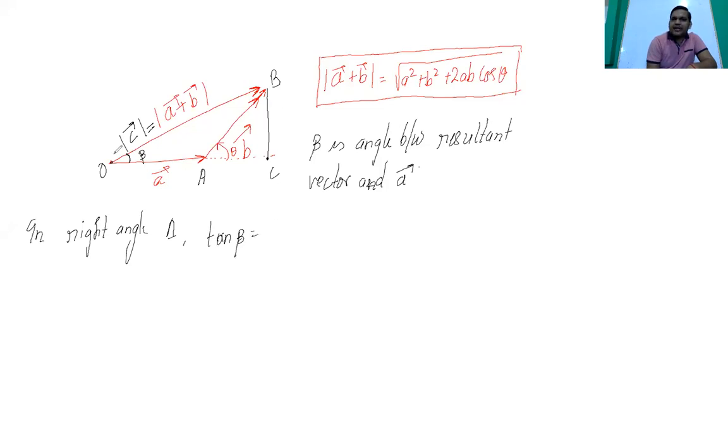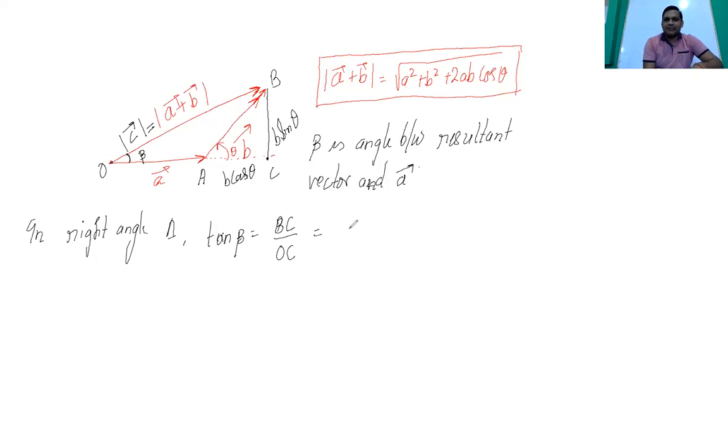Tan beta is BC divided by OC. We have already discussed that this BC is basically B sine theta, and this AC is your B cos theta, as we discussed earlier in the previous class.